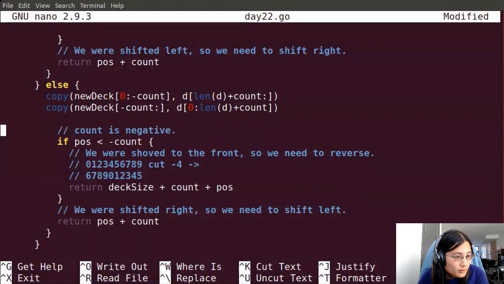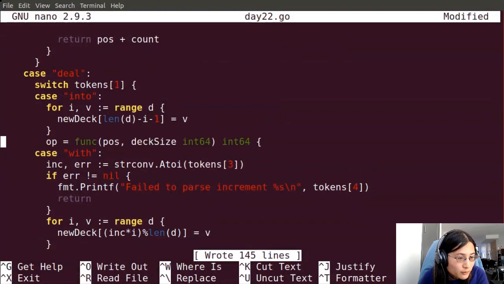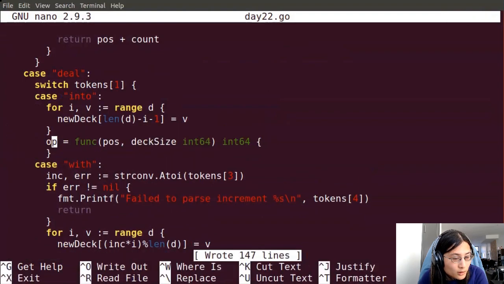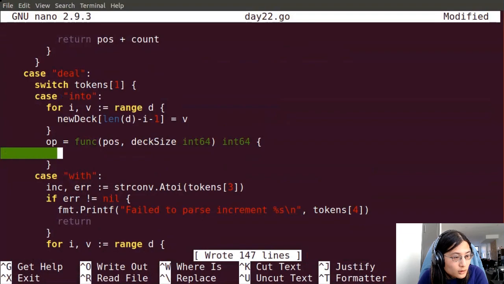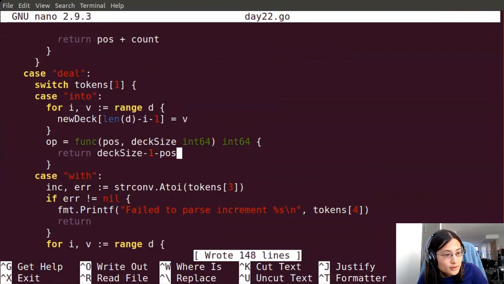All right. Here, this is straightforward. I think that's just what we do. Yeah, I think that's symmetrical.